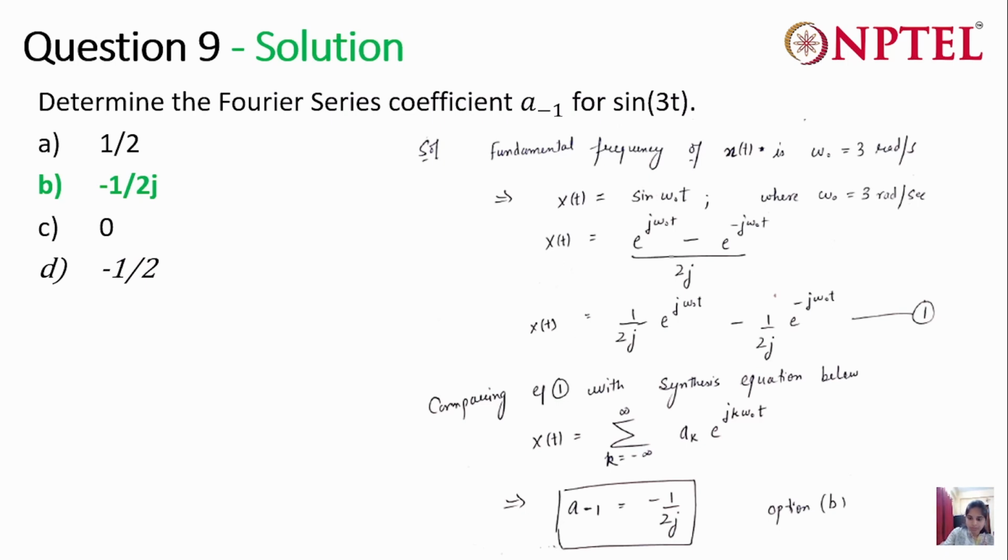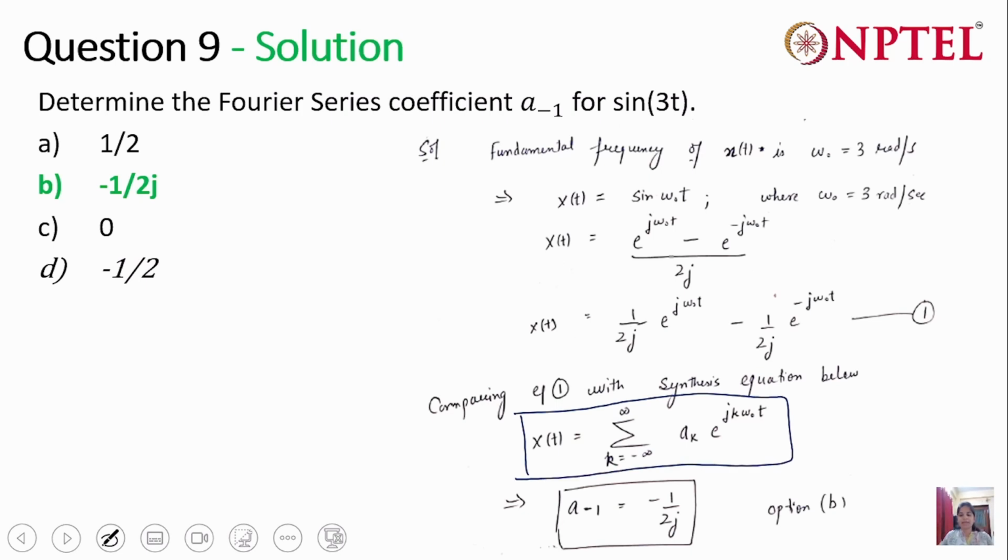Now we know x of t is summation k equal to minus infinity to infinity ak e power jk omega naught t. We want a of minus 1, so we can directly write it as minus 1 by 2j. The actual way is to find it using the integral of ak.